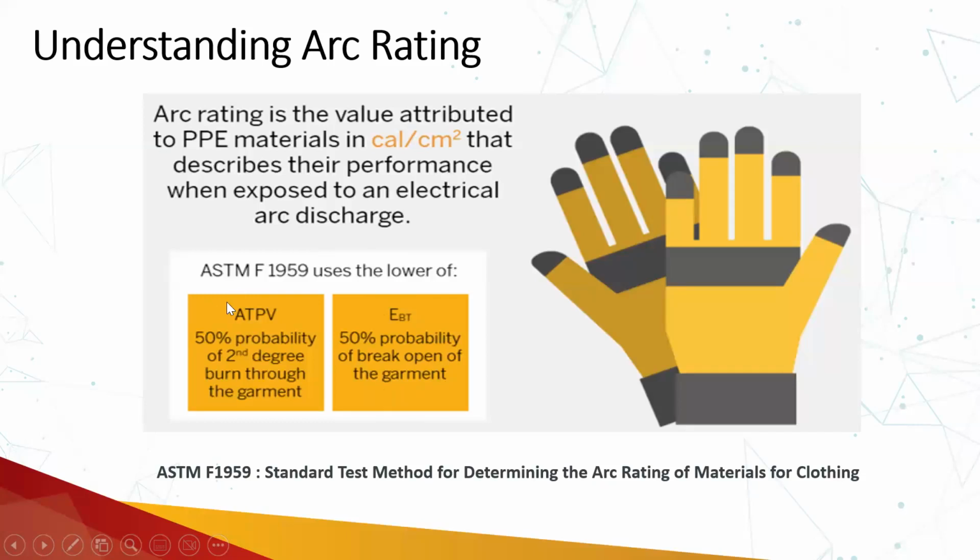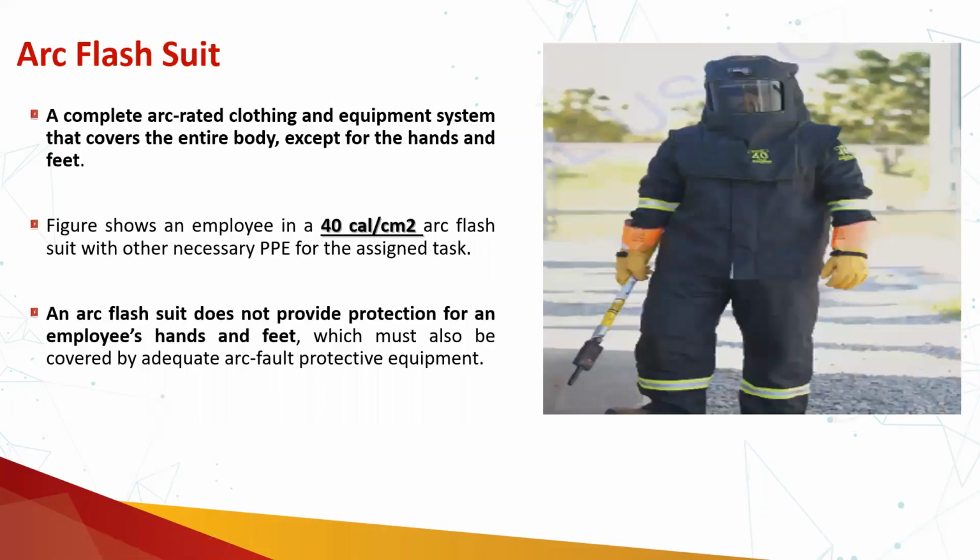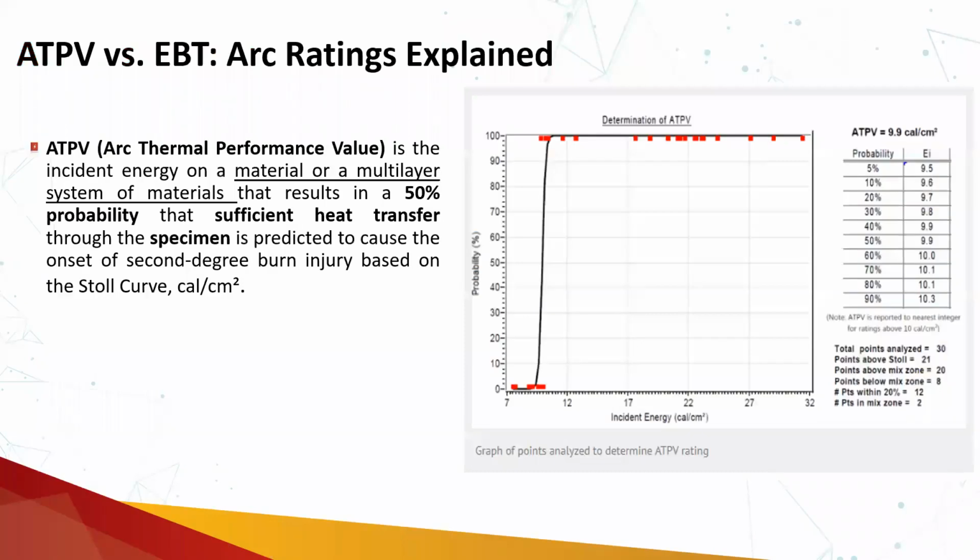So ATPV is defined as that in the event of an electric arc discharge, there is a 50% probability of second degree burn through the garment, and EBT is the 50% probability of break open of the garment. These are as per the ASTM standard F1959. So if we talk about the ATPV, how is ATPV calculated?